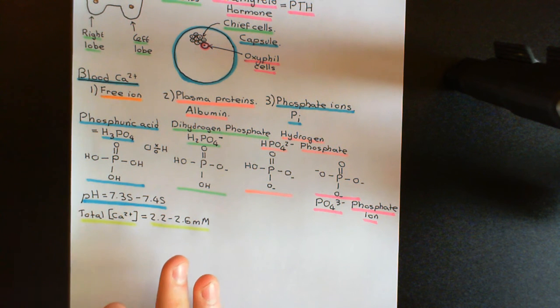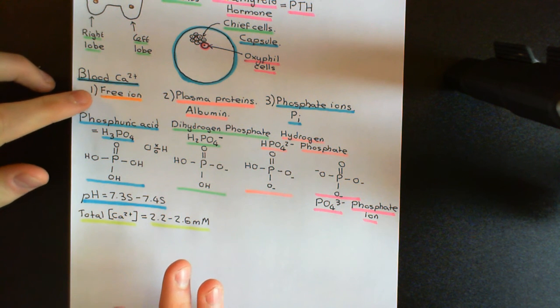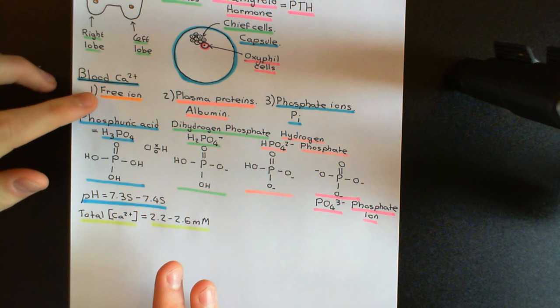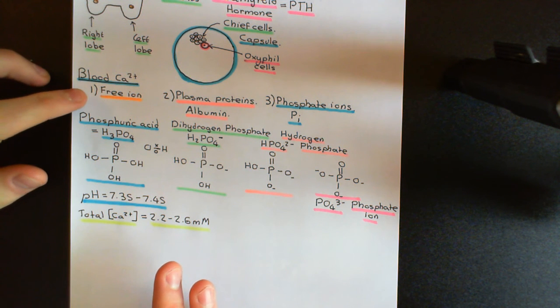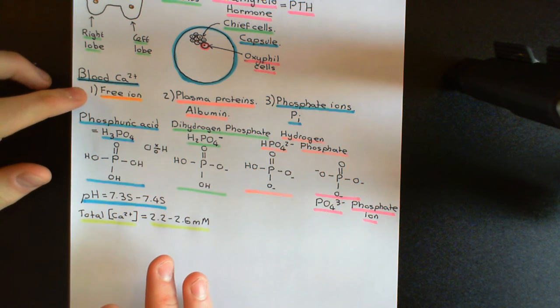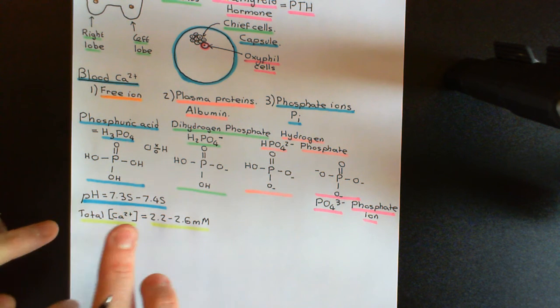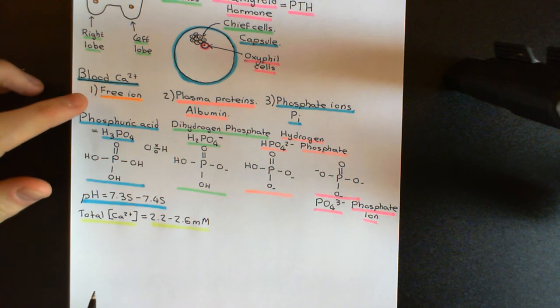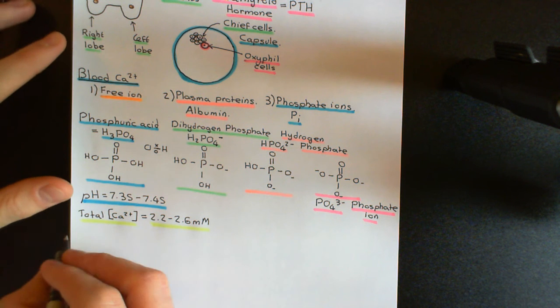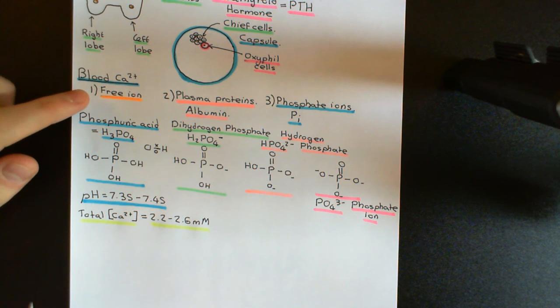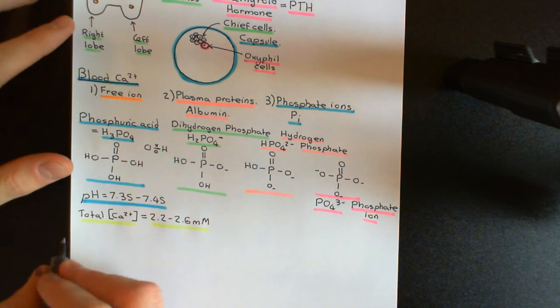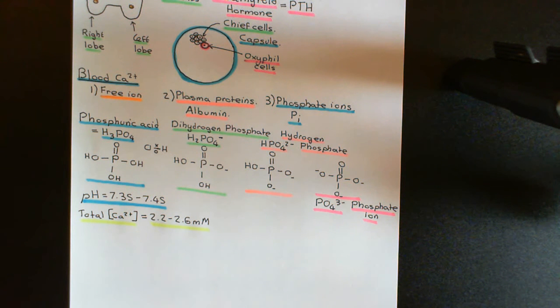However, we also talk about another measure, which is the actual free ion calcium concentration. Now this one is very difficult to actually measure in a clinical situation. So usually in a clinical situation you're talking about total calcium concentration, not free ion calcium concentration. However, the concept of free ion calcium concentration is important because it's that concentration that the parathyroid gland chief cells are actually going to be measuring.